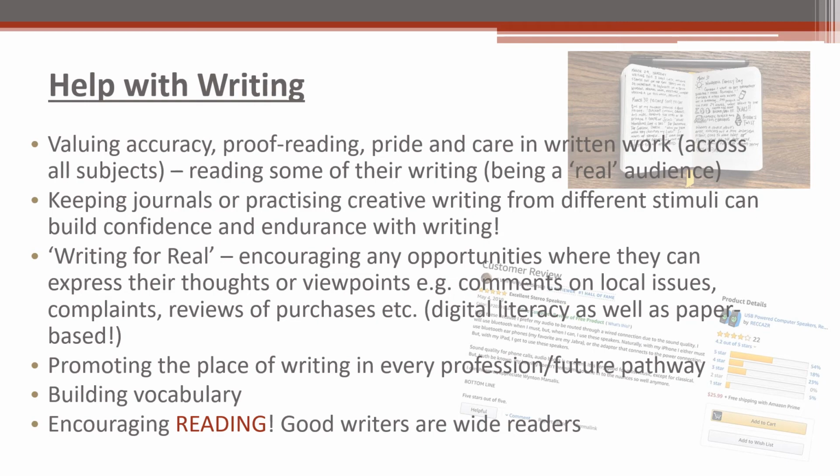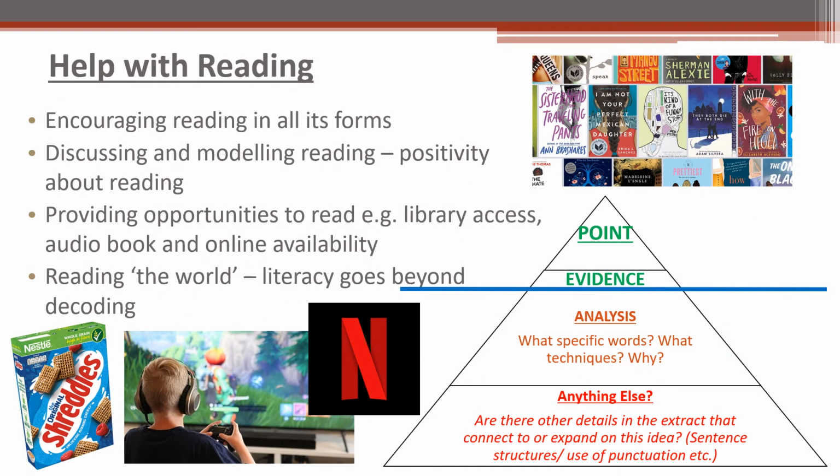So if I focus on a few more tips for reading at home, it's perhaps worth noting first that reading literacy moves beyond decoding letters and syllables and being able to read the words on a page, evidenced really by this pyramid diagram here.